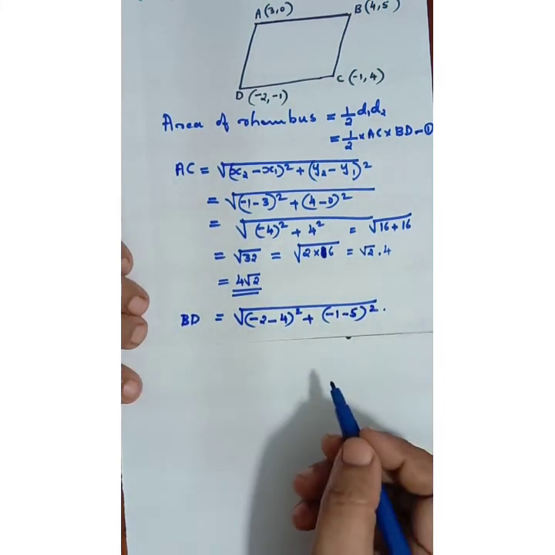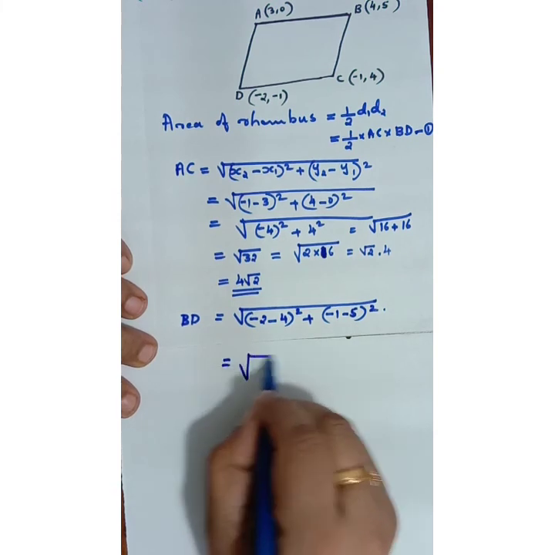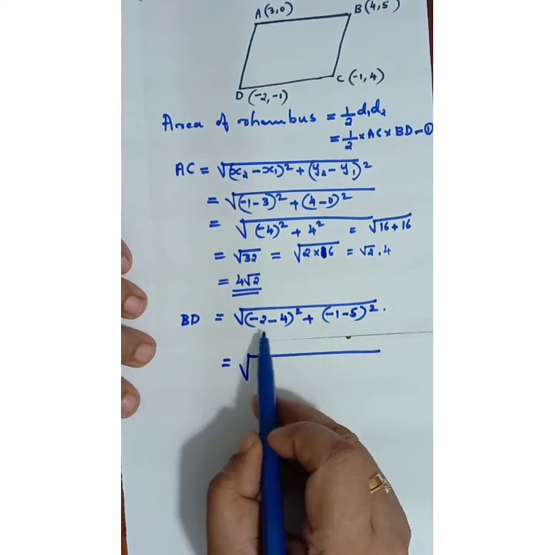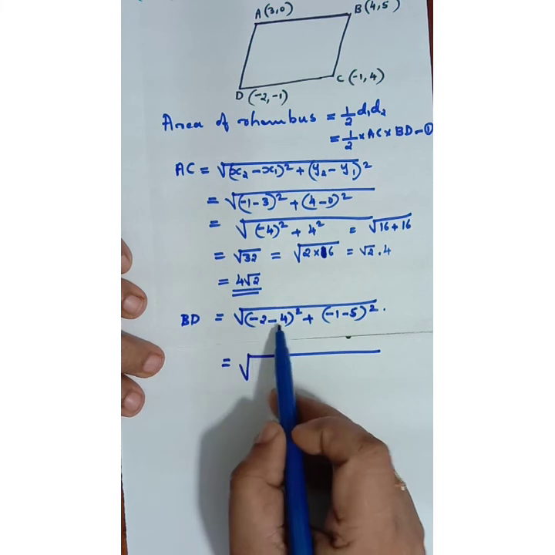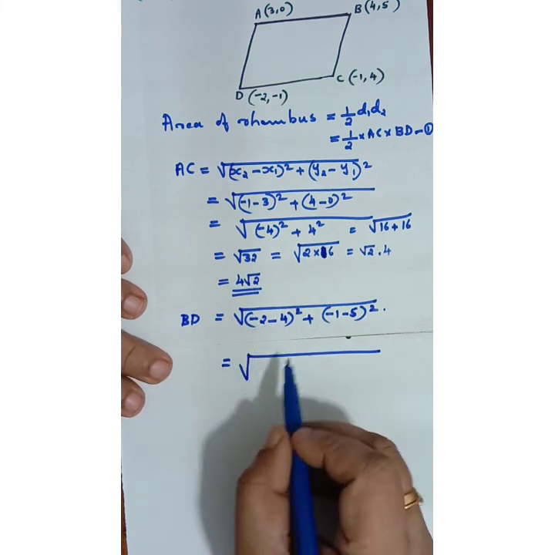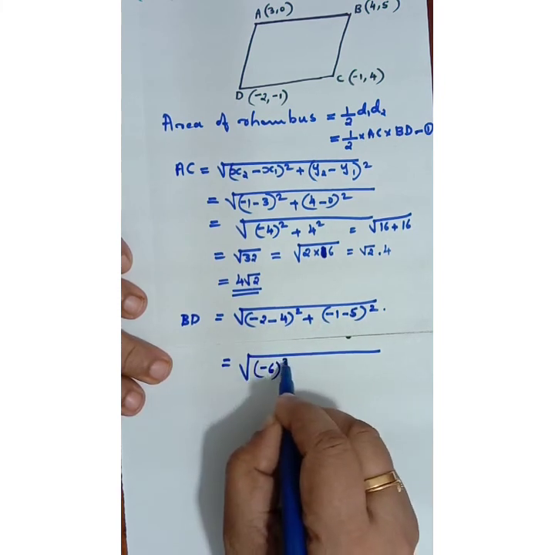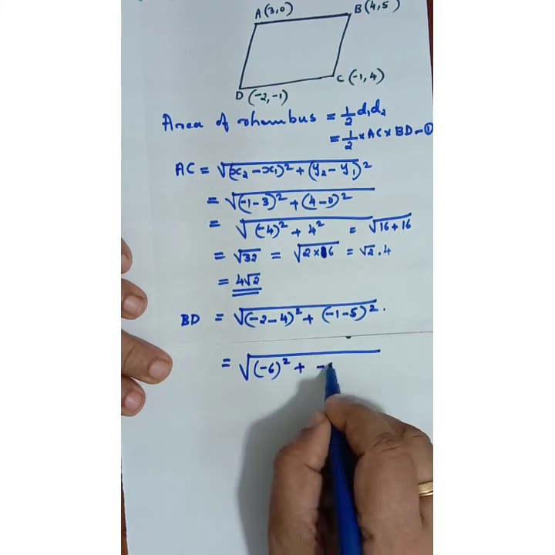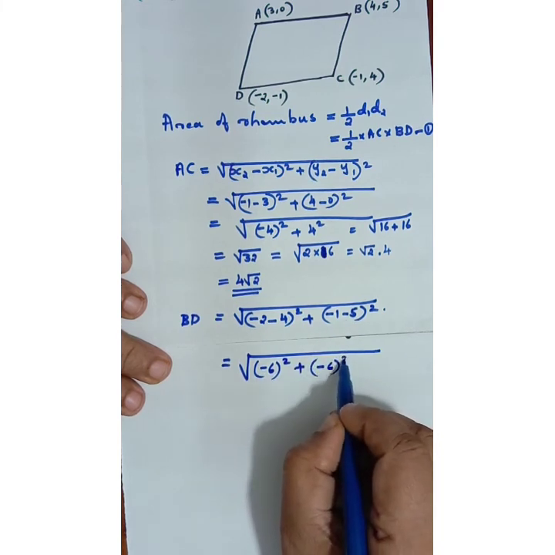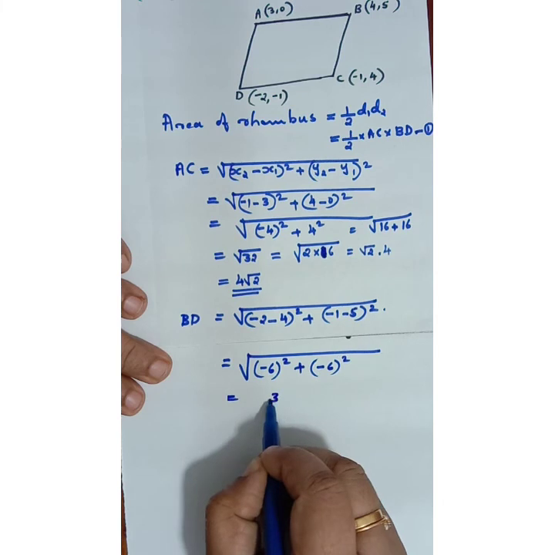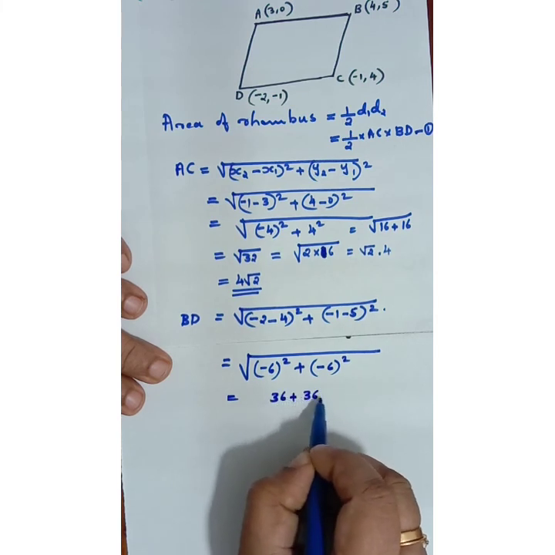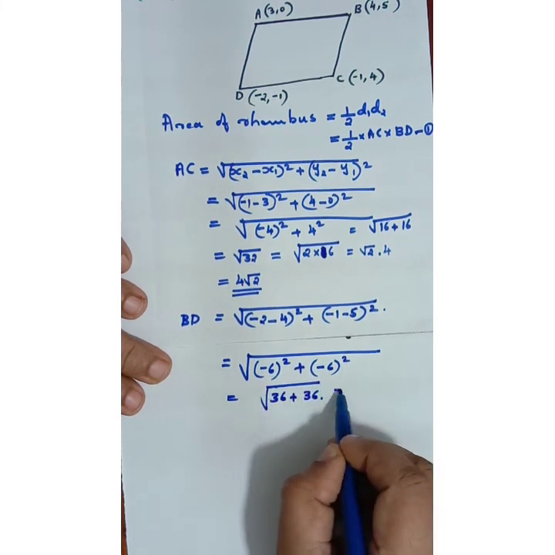While substituting you have to be careful. This is equal to negative 6. Same sign, then you add both and give the same sign. So negative 6 whole square plus, here also the same sign, negative 6 whole square. 6 6s are 36 plus 36 is equal to 72.